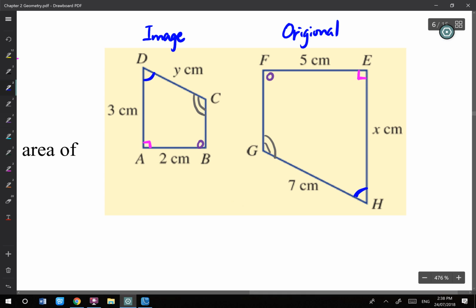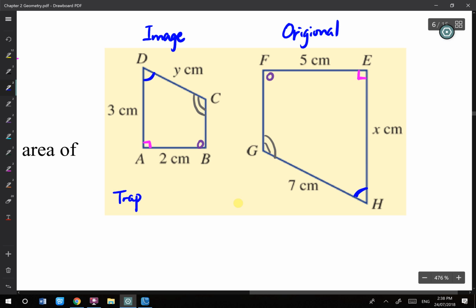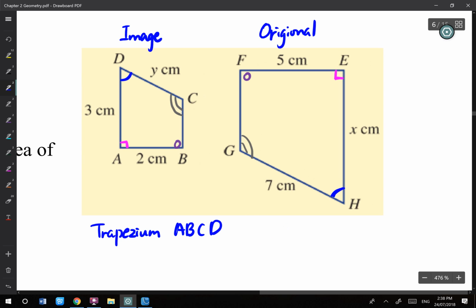This is the trapezium shape. If I say trapezium A, B, C, D is similar to trapezium, I need to write things in the corresponding order.